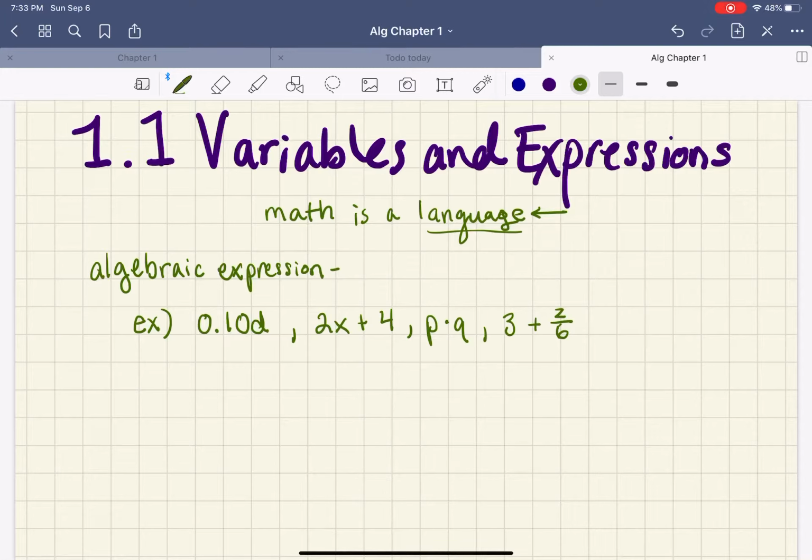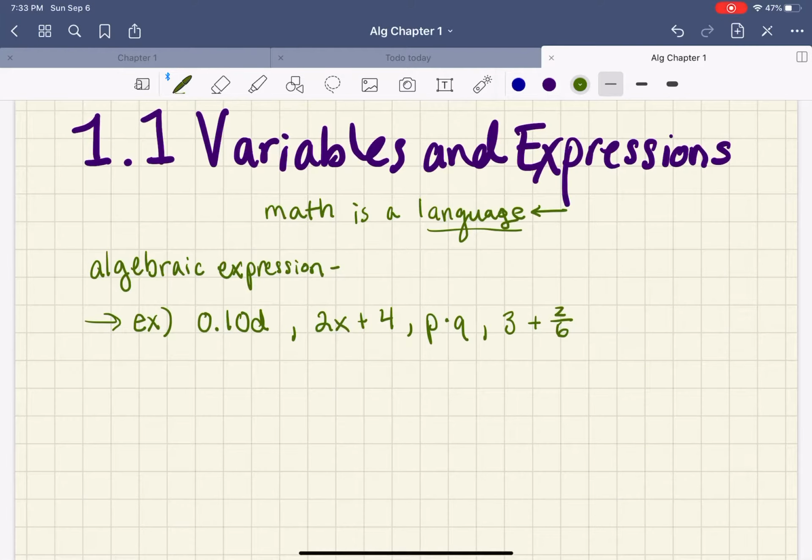There are a lot of different options, and anything there counts as an algebraic expression.